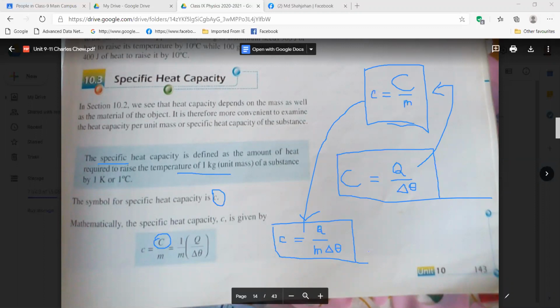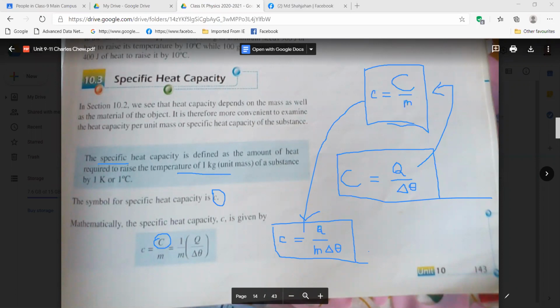Rabi, can you please tell us the briefing or the summary of the heat capacity and specific heat capacity relation? Then we will go for the queries.